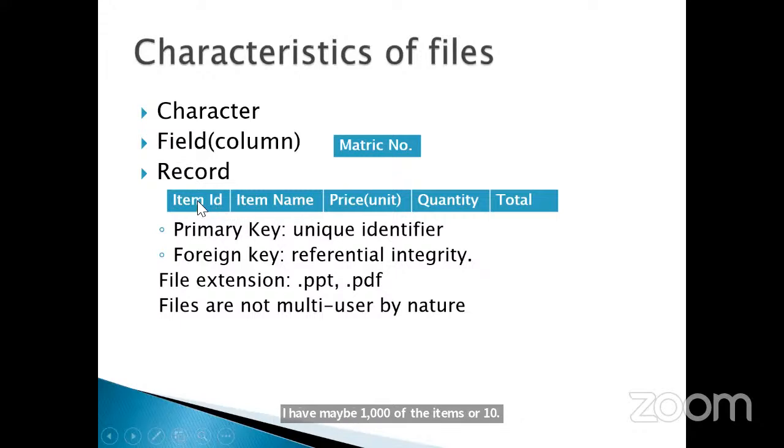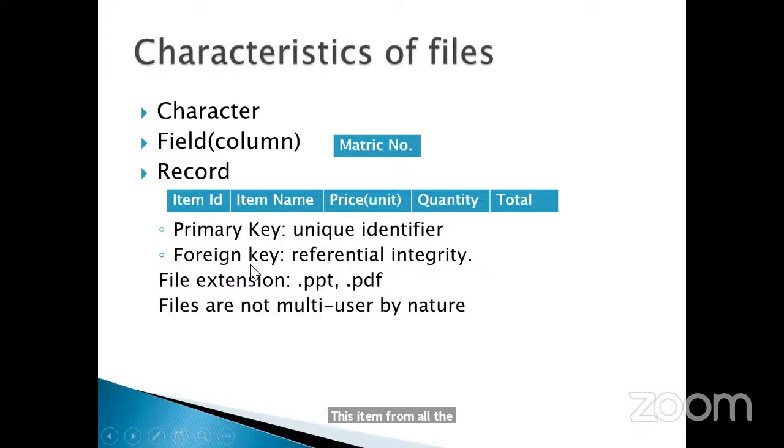So this is an example. If the ID of this item is 1, then this ID, like the matric number, is a unique identifier. A unique identifier is that thing that will differentiate this item from other items.